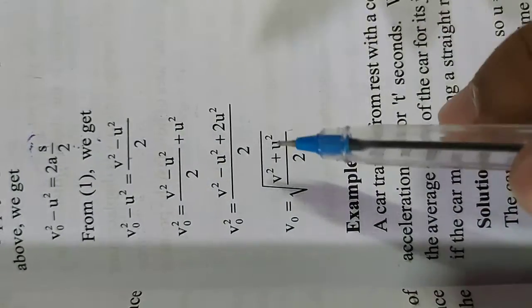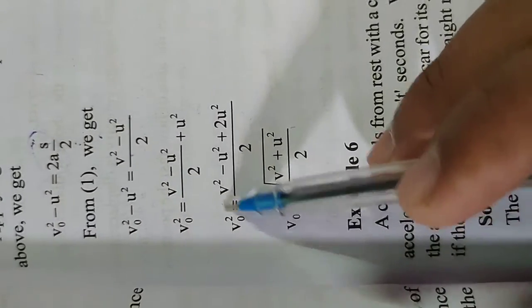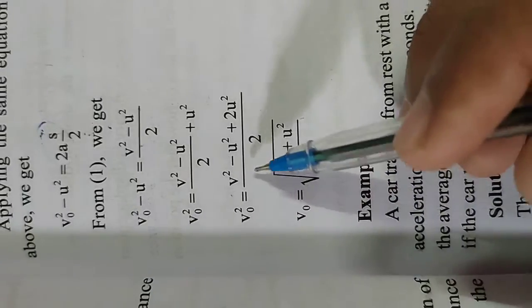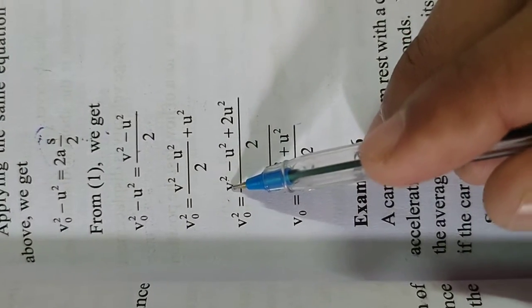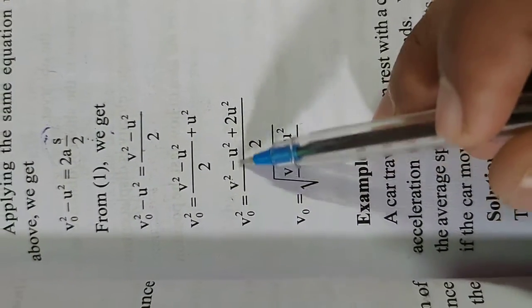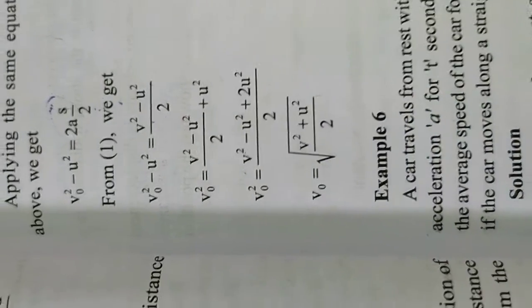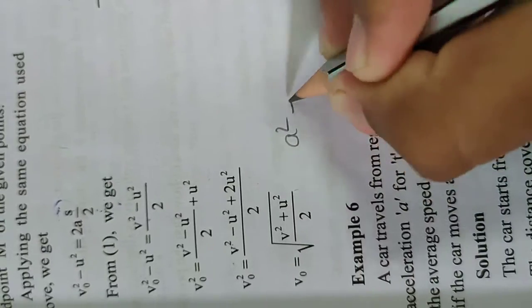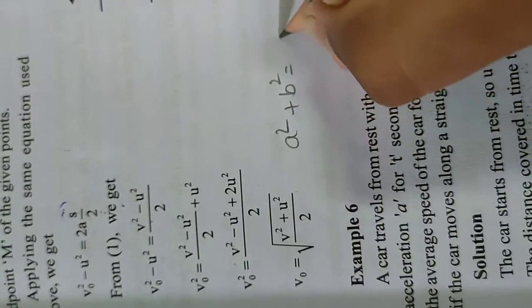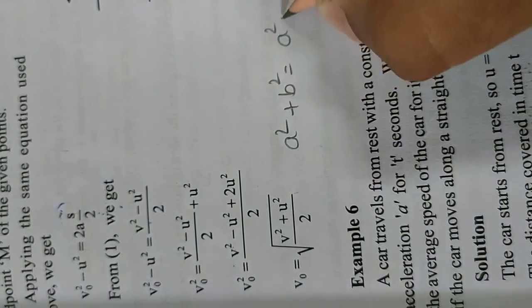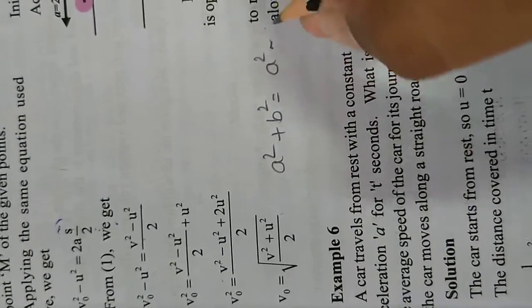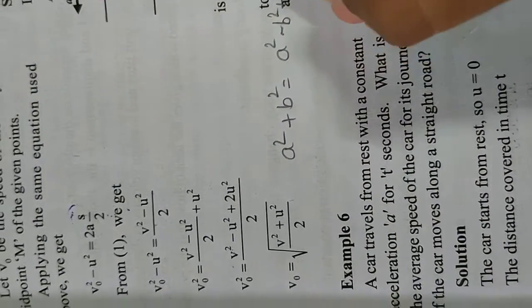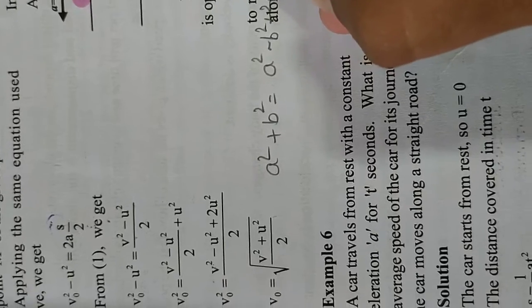Now, this is in the form like v square minus u square plus 2ab.